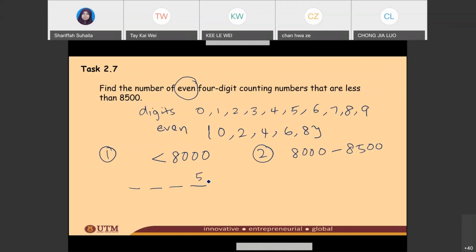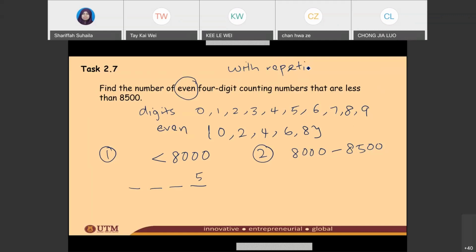That means the last value should be either 0, 2, 4, 6, or 8. So 5 possible ways. So this one again, we consider with repetition.